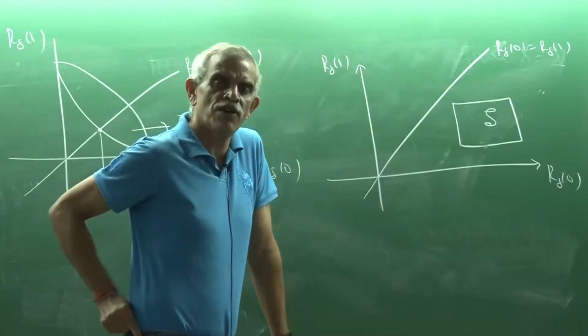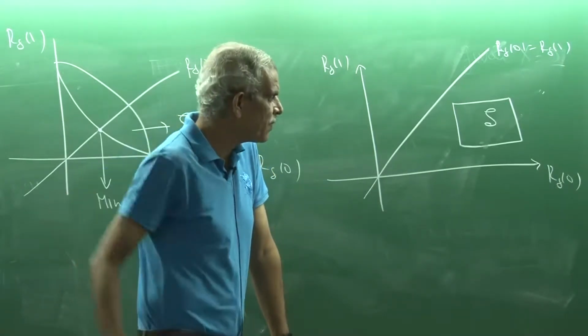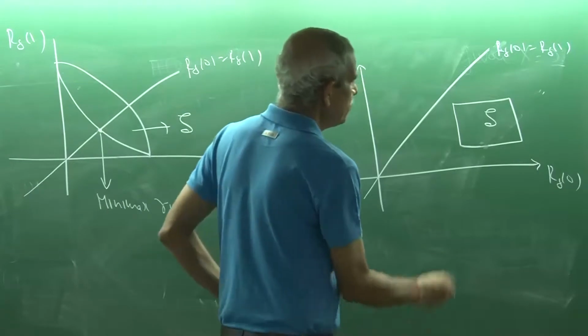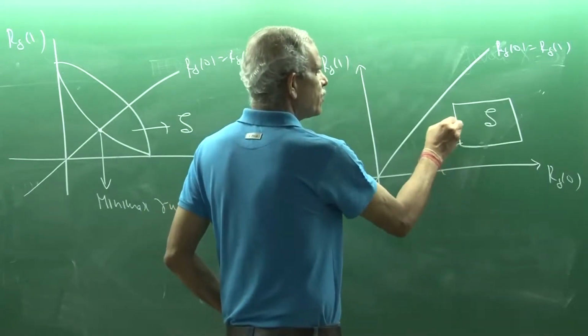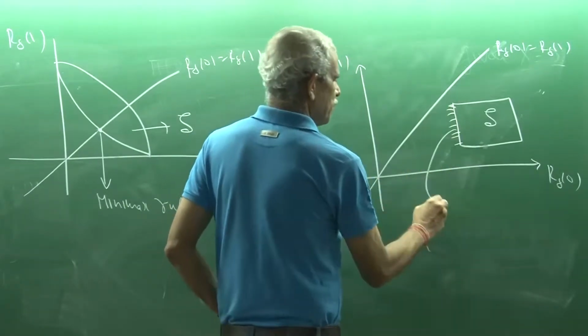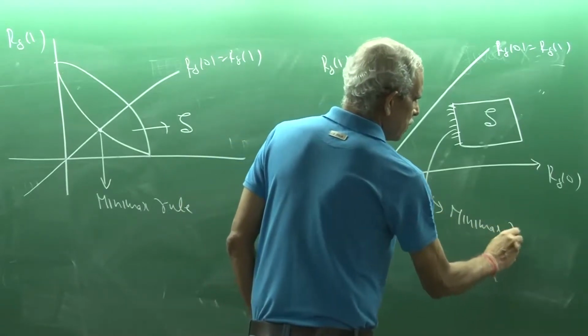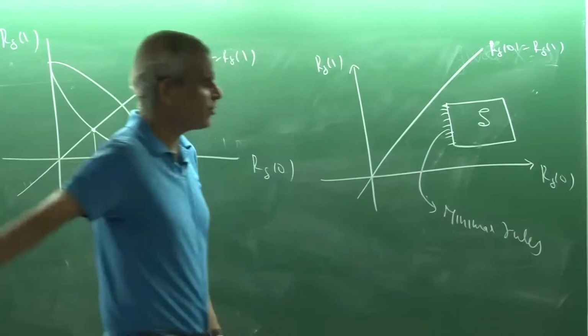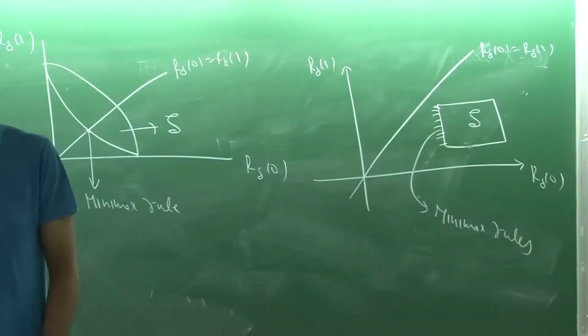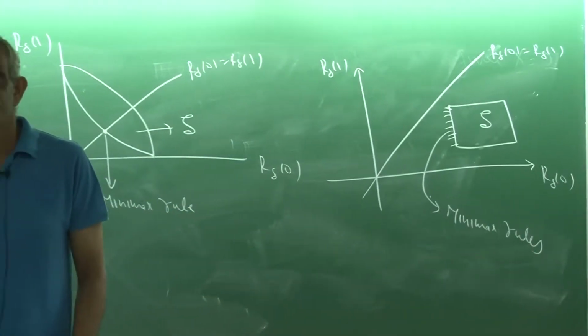Minimax rule would be one for which R delta 0 is minimum. And R delta 0 is minimum for all of these rules. It is the same. So minimax rules. So this corresponds to a situation where minimax rule may not be unique.